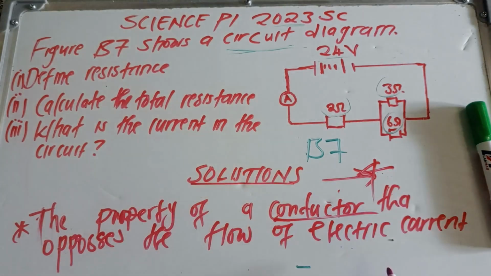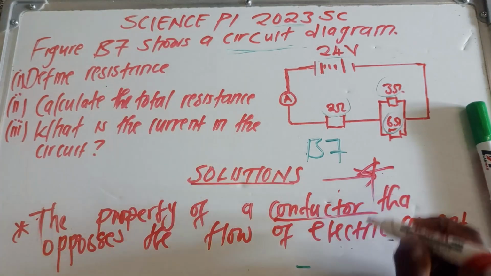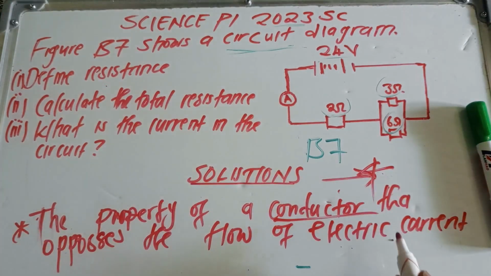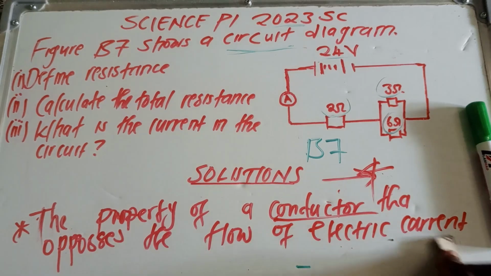That is what we call resistance. You can even relate this term, because something which is resisting is something which is preventing something from going in a certain direction. So that is a proper definition of resistance, and that is exactly the answer to question 1.